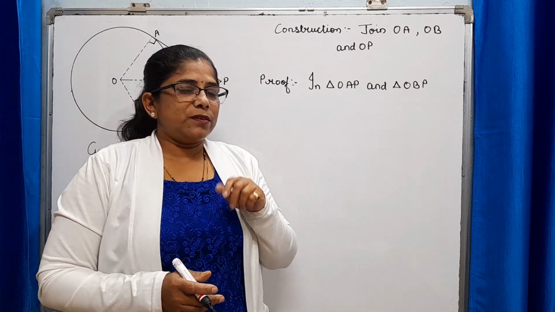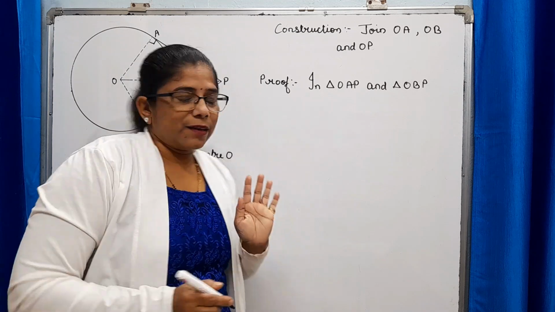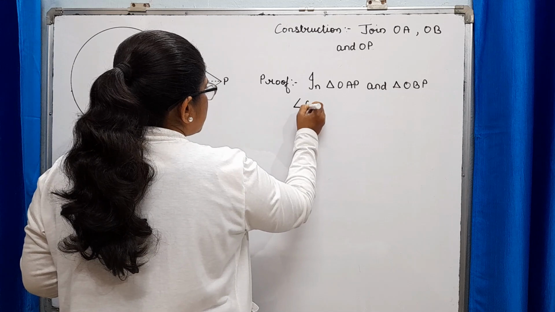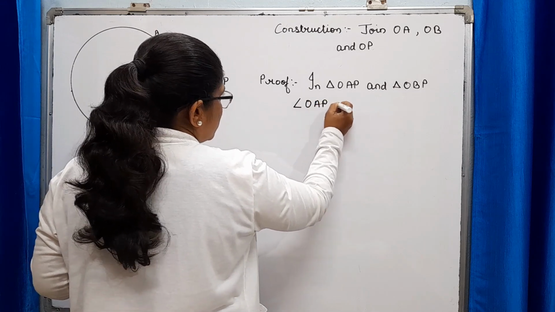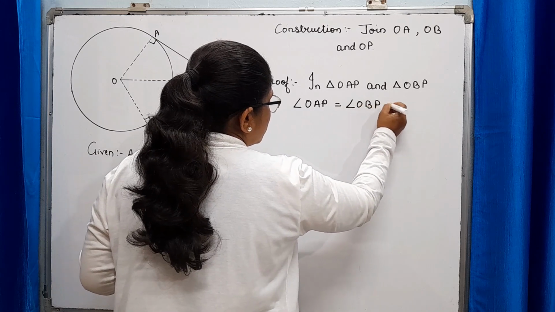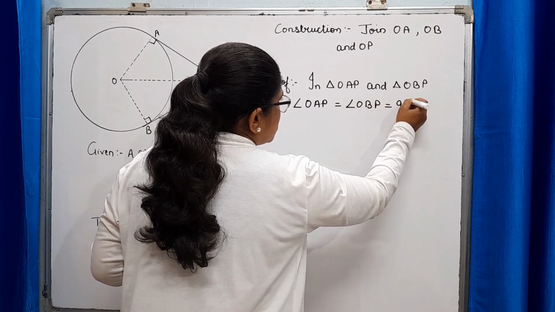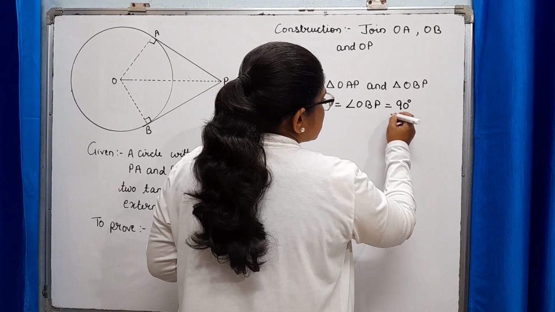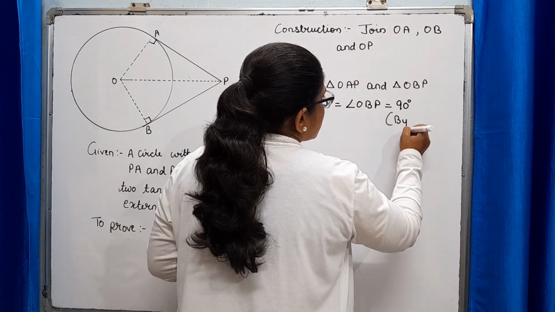So in these two triangles, we have one right angle. Let's write it. So here angle OAP is equal to angle OBP, and this is equal to 90 degrees. What is the reason? We get this by the theorem.